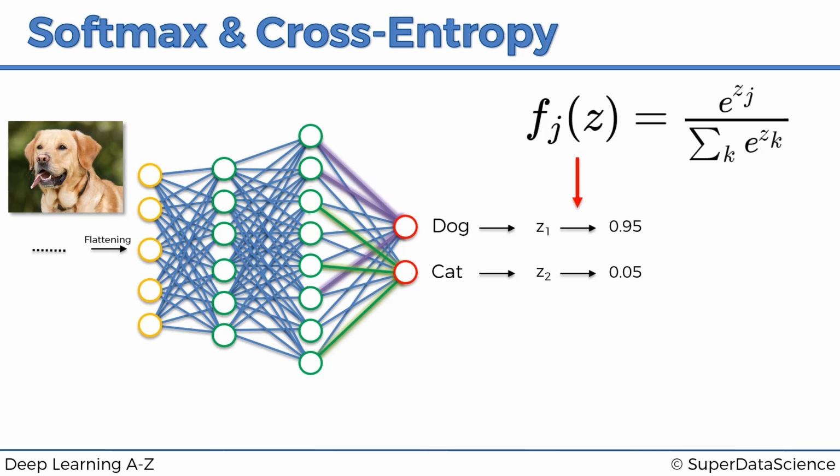And to quote Wikipedia, the softmax function, or the normalized exponential function, is a generalization of the logistic function that quote-unquote squashes a k-dimensional vector of arbitrary real values to a k-dimensional vector of real values in the range of 0 to 1 that add up to 1. So basically, it does exactly what we want. It brings these values to be between 0 and 1 and makes sure that they add up to 1.